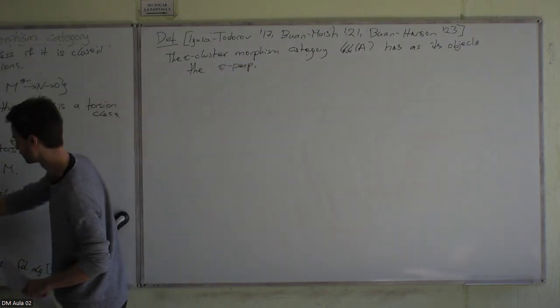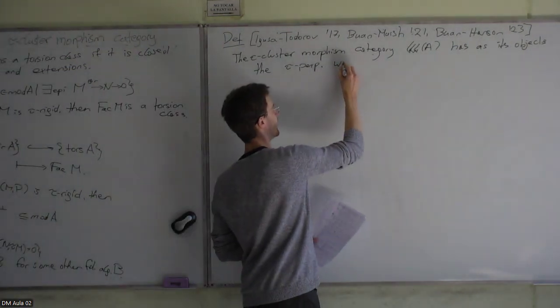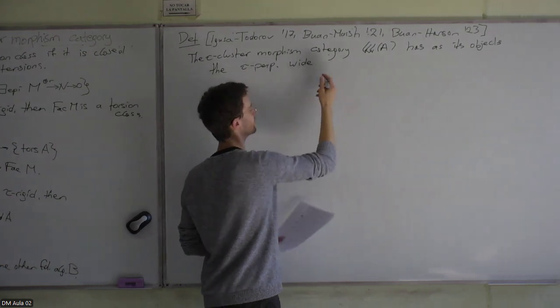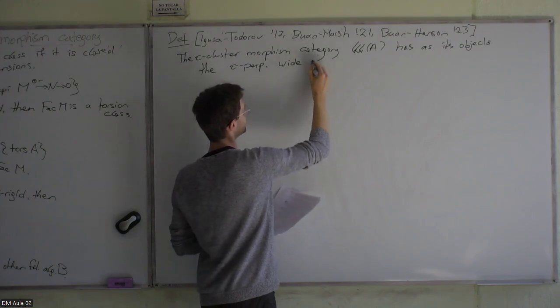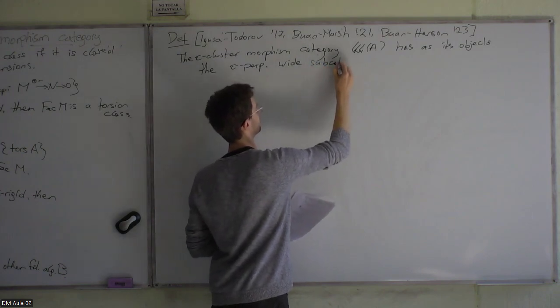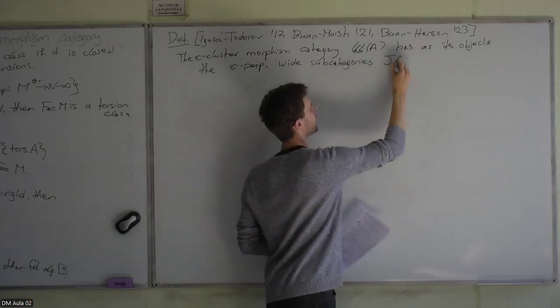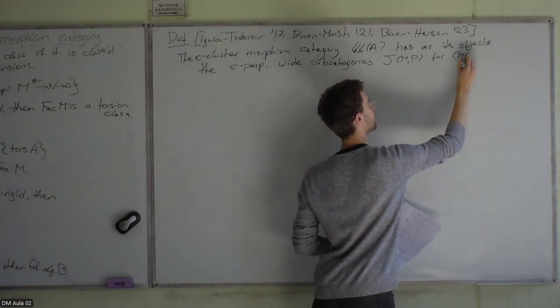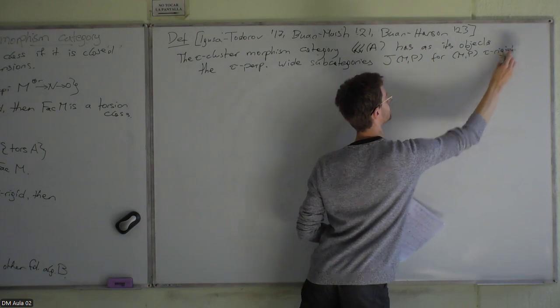The perpendicular comes from all these orthogonal things, and then wide is a property of these, which in a sense implies that it's a different module category. Wide subcategories J of (M, P) for (M, P) tau-rigid.